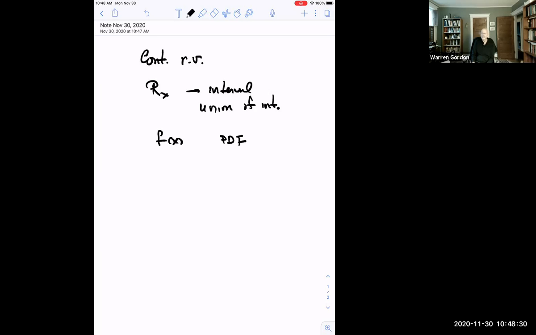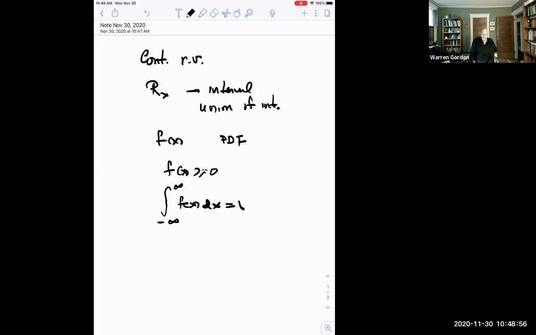And the probability density function has a property. Firstly, it is non-negative. And the total area under the curve, the sum of all the probabilities, basically, is equal to 1.